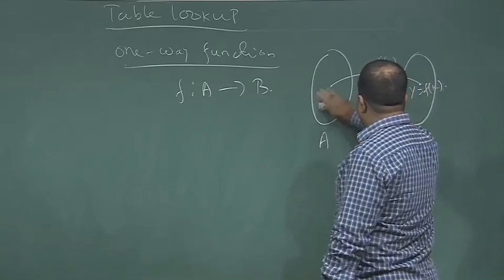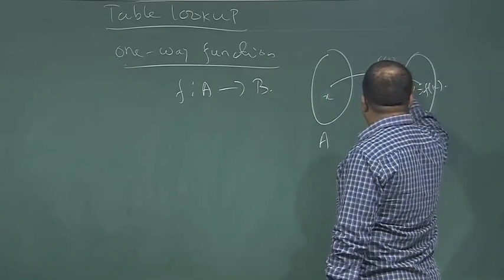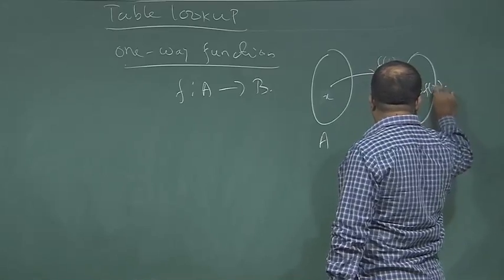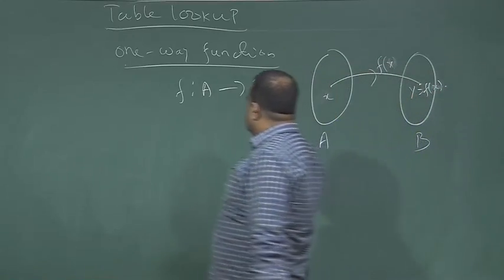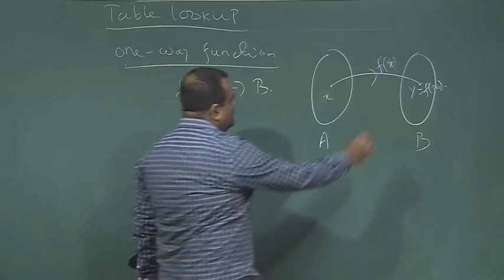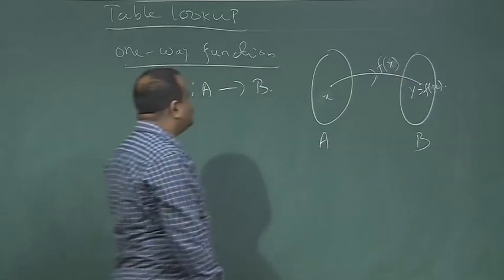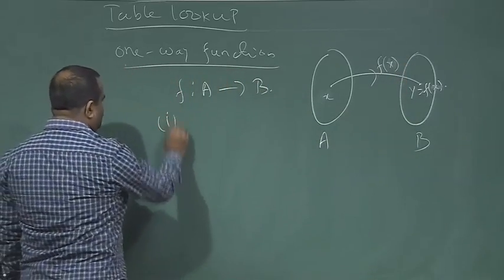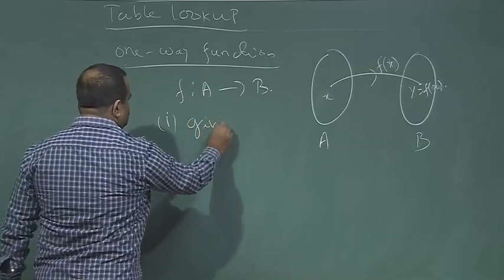So, one way means this part is easy, given x it is easy.